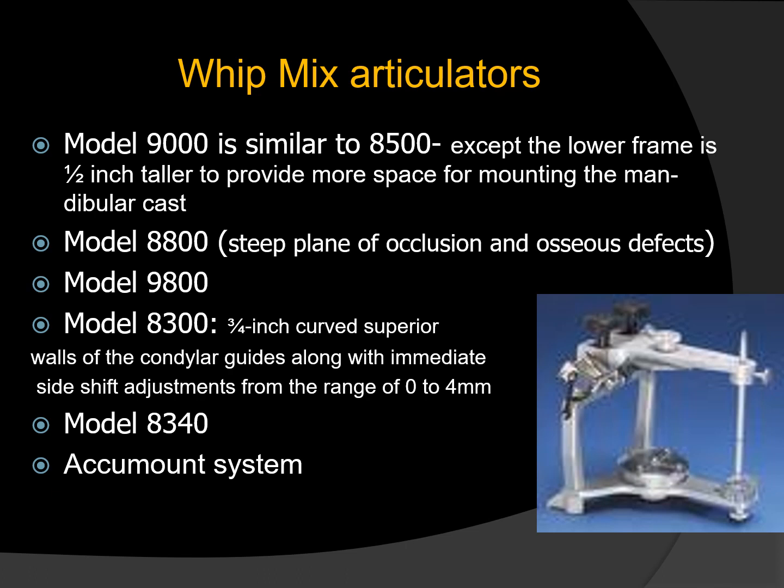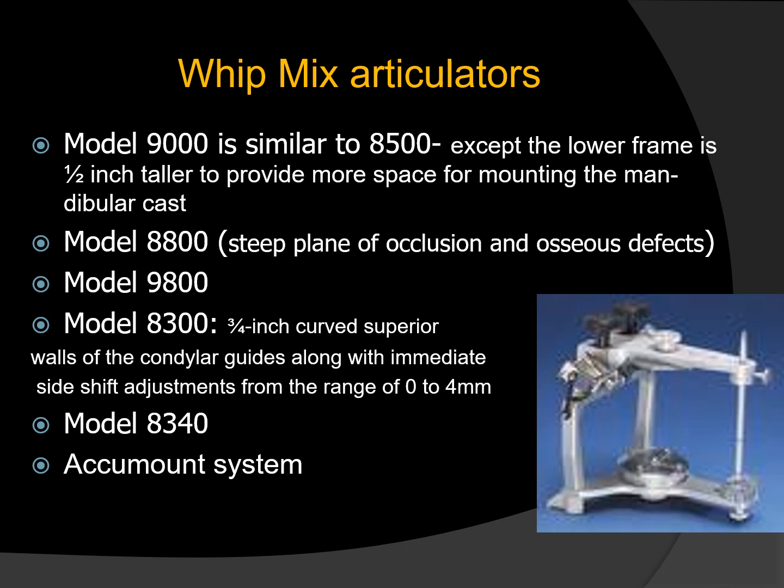Then Vapix introduced the model 8300, where there were 3 by 4 inch curved superior walls in the condylar guides and also an immediate side shift adjustment in the range of 0 to 4 millimeter. And then the modified version of 8300, named model 8340, allowed interchangeability of the cast between articulators.